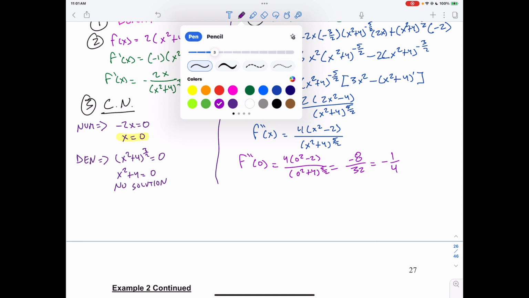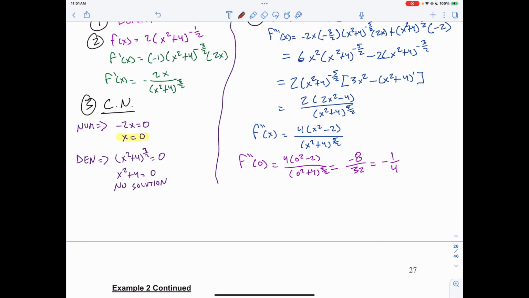Using that derivatives test, what do we know? We know that when f prime of a number is equal to 0, and f double prime of the same number is, in this case, less than 0, and it's concave downwards, there is going to be a local maximum at x is equal to 0.